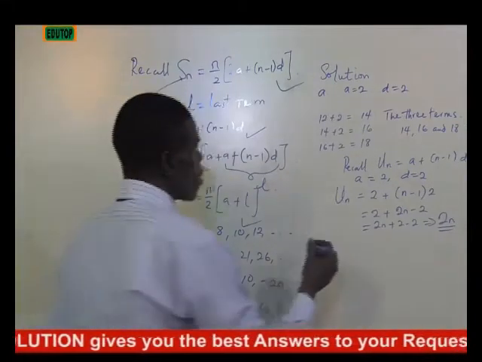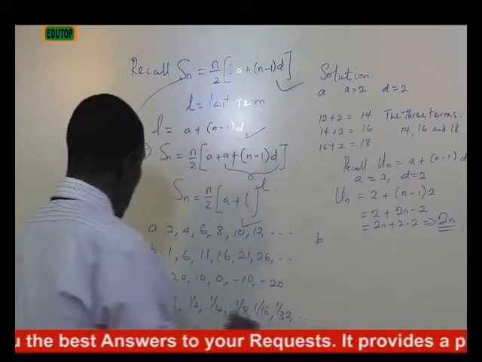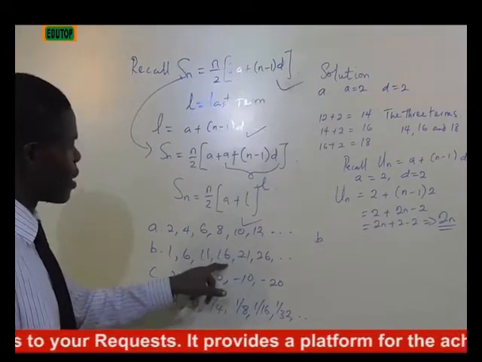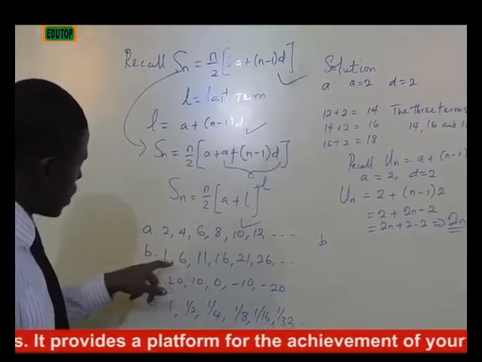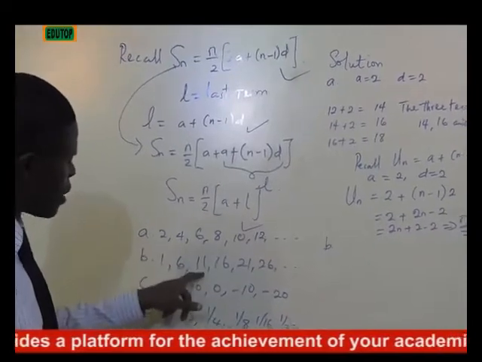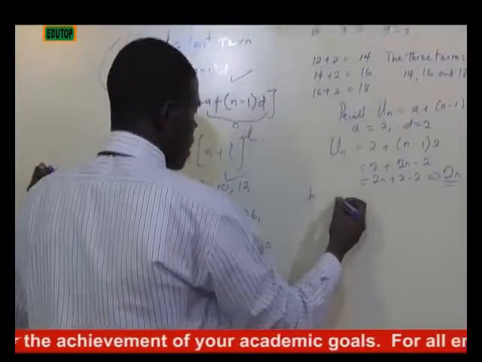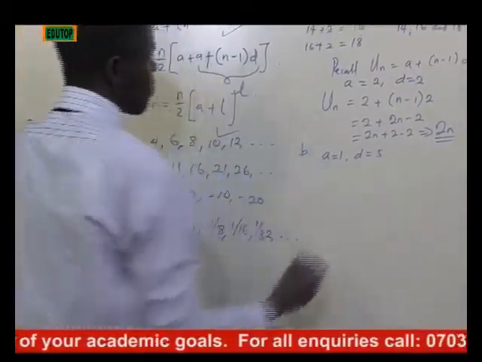Then the next question, which is the B part, we have 1, 6, 11, 16, 21, 26. When 5 is added to this, you have this, and so on. So it can be deduced that your a is 1 and your common difference is 5.